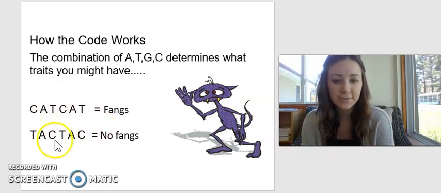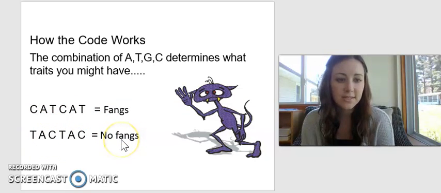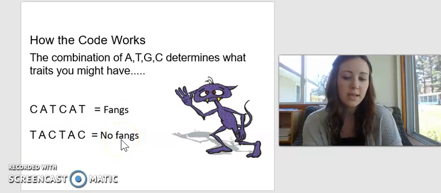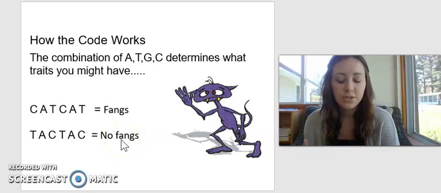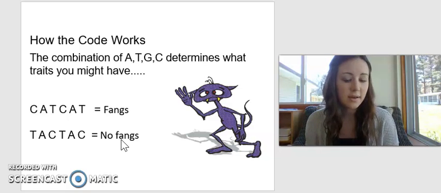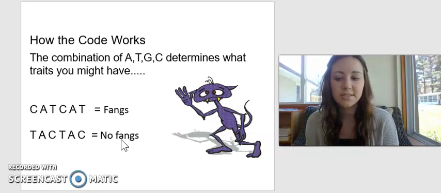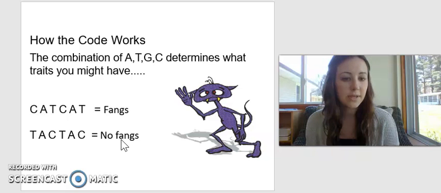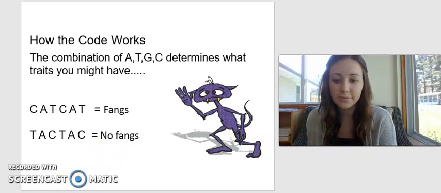So if it has a different DNA code, it won't have fangs. And it works similarly for us. If we have a certain trait, we can look at our DNA code, and if we have a certain combination of nucleotides, A's, T's, G's, and C's, then it will determine what trait we have.